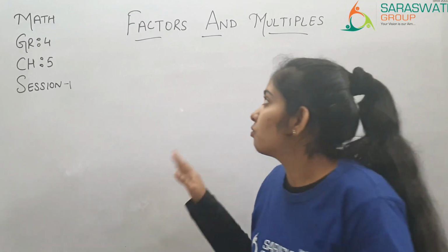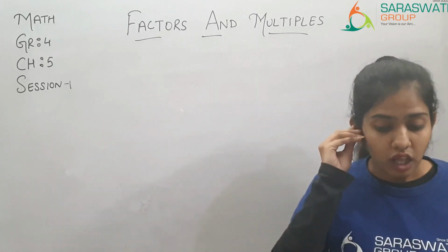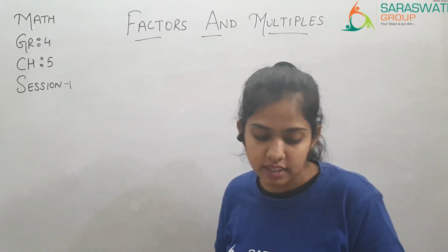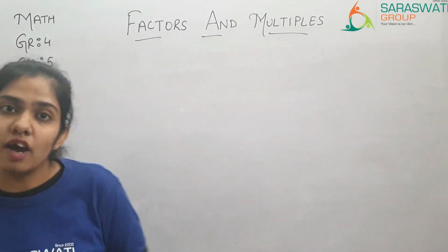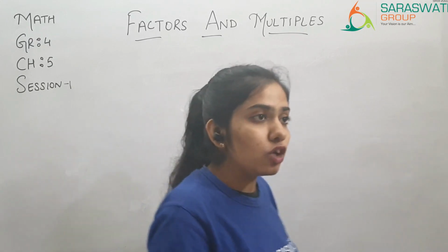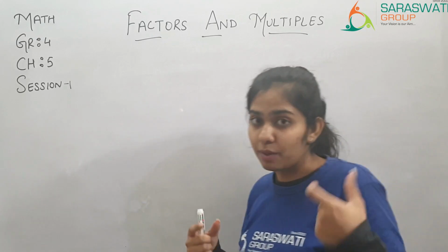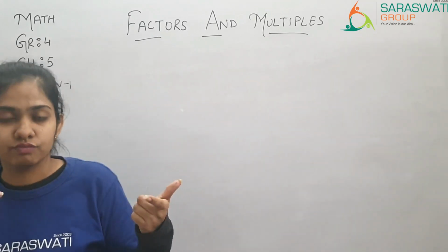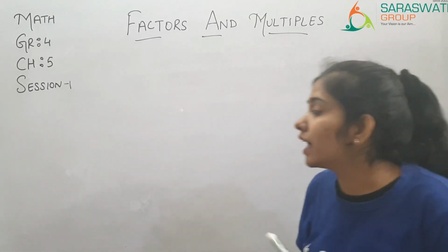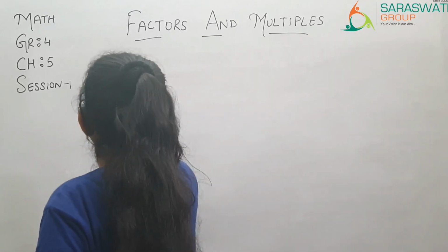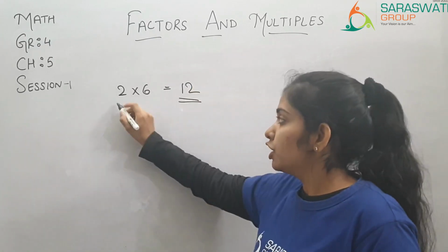Let me tell you what factors are. Factors એટલે શું? You know how you obtain the product. તમને લોકોને પ્રોડક્ટ કેવી રીતે મળે? પ્રોડક્ટ વર્ડ કયા ચેપ્ટરમાં તમે લોકોએ સાંભળ્યો હતો? Yes, we obtain the product by multiplying 2 digits. 2 digit નો multiplication કરીએ એટલે આપણને જે આન્સર મળે છે, this is 12.